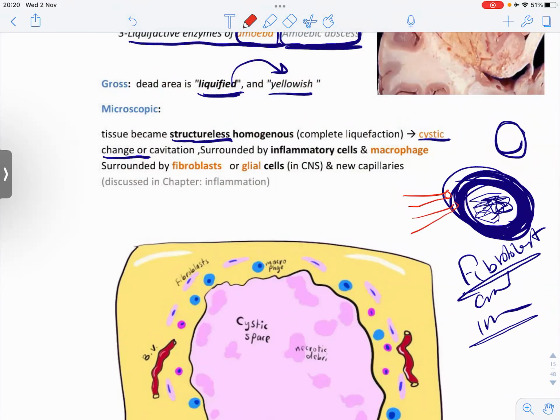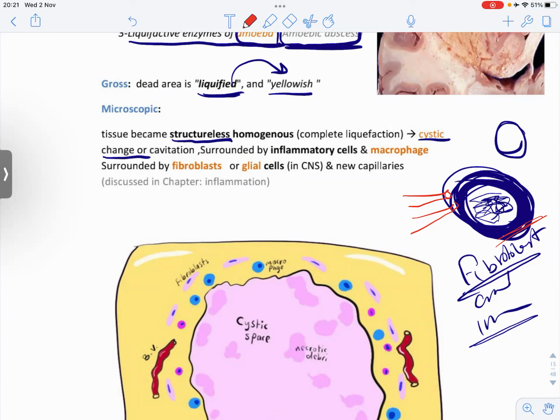Why can we find new capillaries around this inflammatory part? Because your body is trying to solve the problem. Your body says, oh, we have some inflammation here. Okay, I'm going to make new blood capillaries to send a lot of immune cells to try to solve this problem.